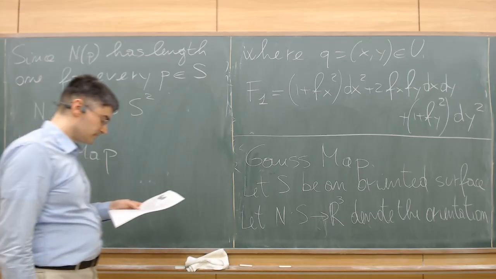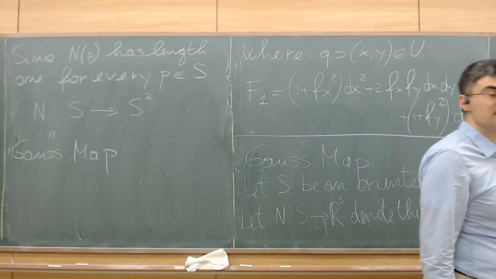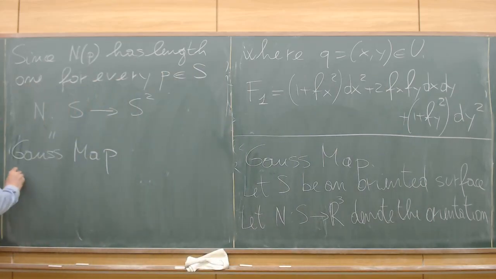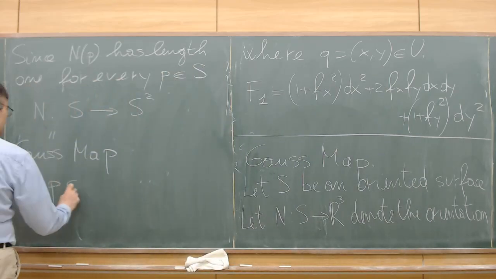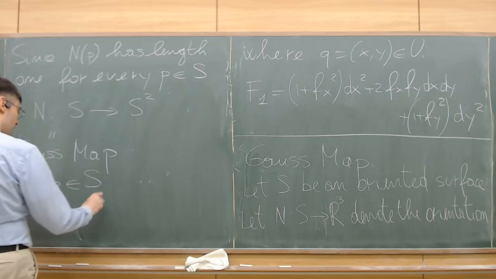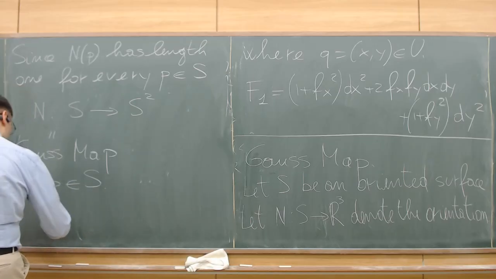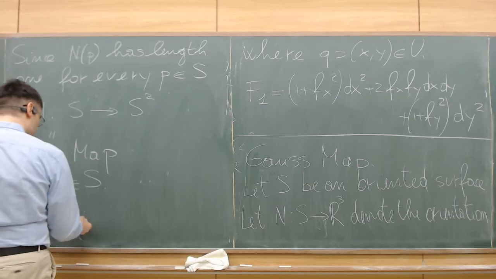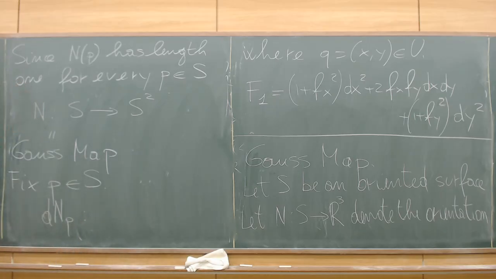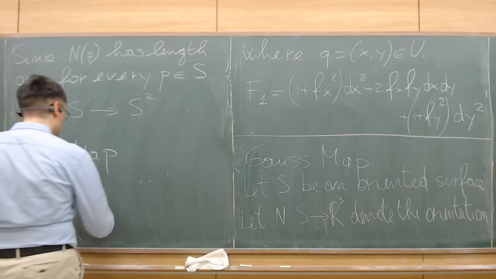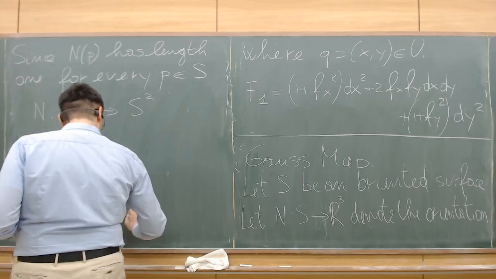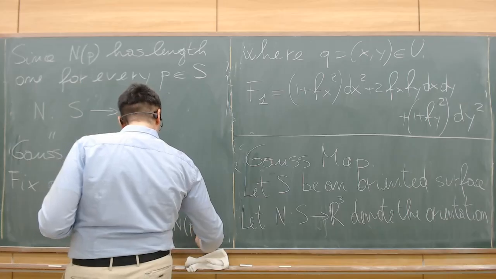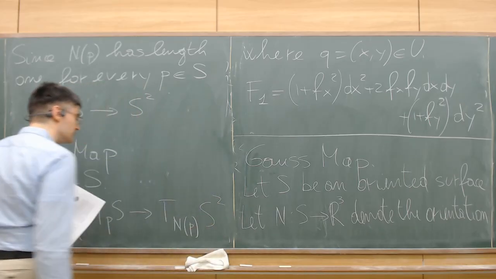Now let's look at the derivative of this map. Fix P on S, then the derivative of this function at P, you know very well it is a function on T_P S and it takes values in T_{N(P)} S2.